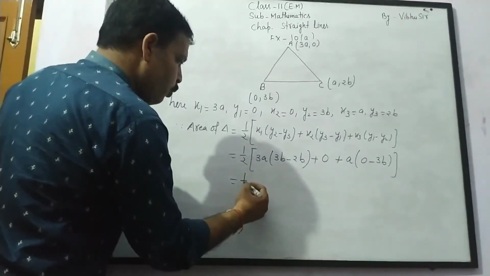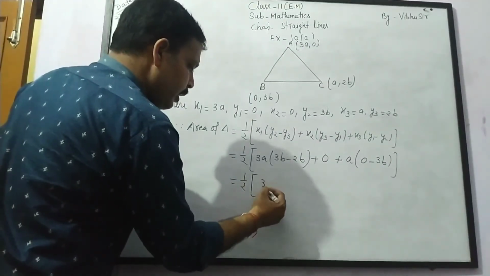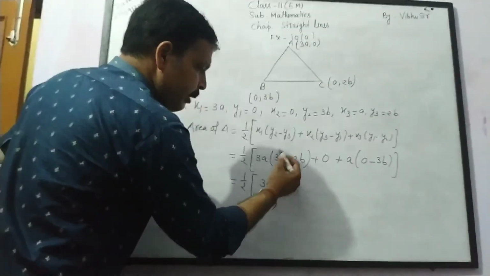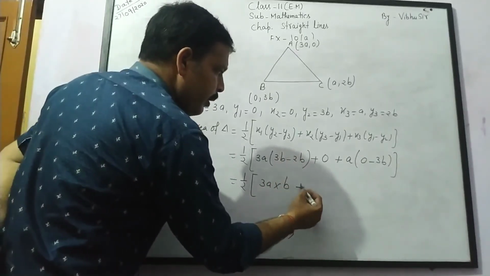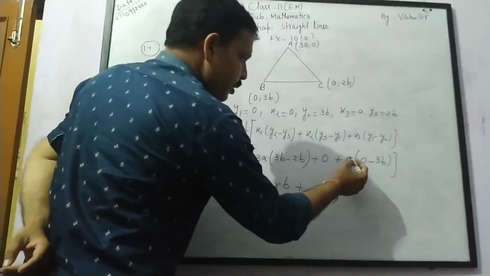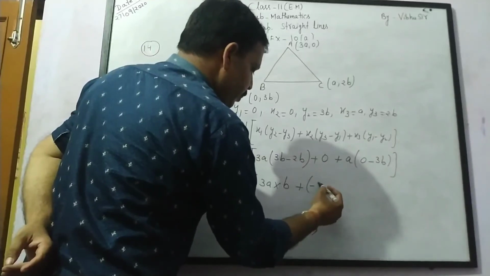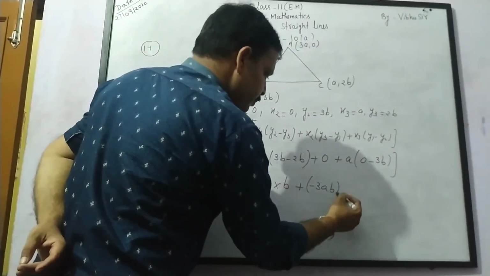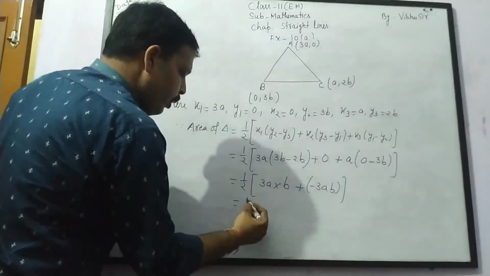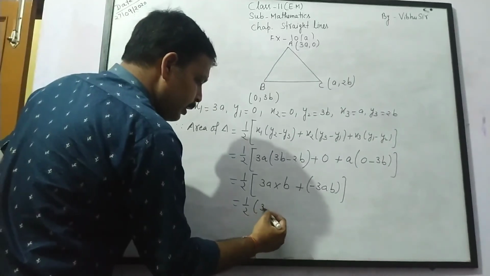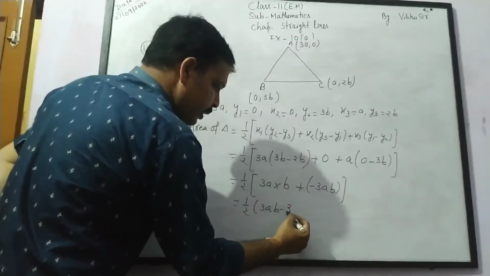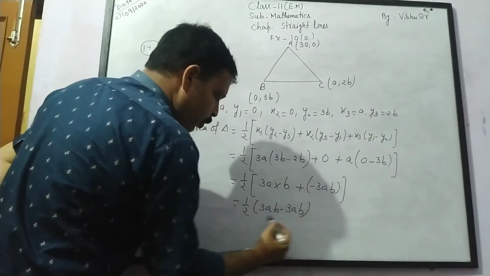Therefore 1 by 2 times [3a multiplied by b, plus a multiplied by minus 3b], which is 3ab minus 3ab, equal to 0.